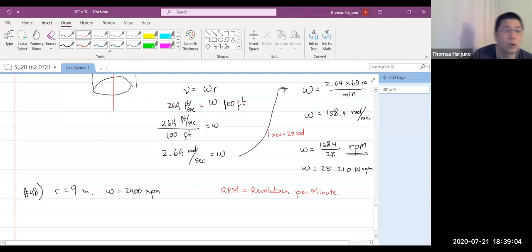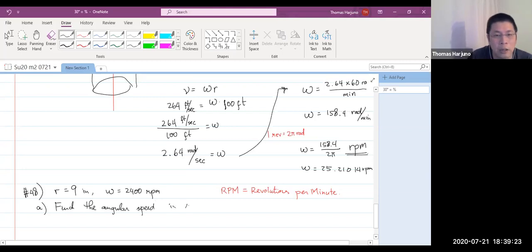Okay, so in part A, find the angular speed. We actually already have it, it's given to us, but the key is to find it in radians per minute.